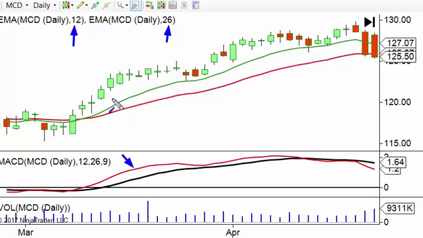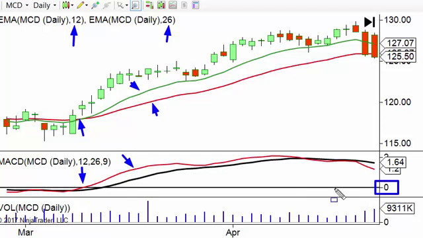So I've got them plotted here. The green line is the 12-period EMA, and the red line is the 26 EMA. Okay, that one and that one. And so when they cross, such as right there, then your MACD line, the red line, will cross the zero line. And the zero line is right there.